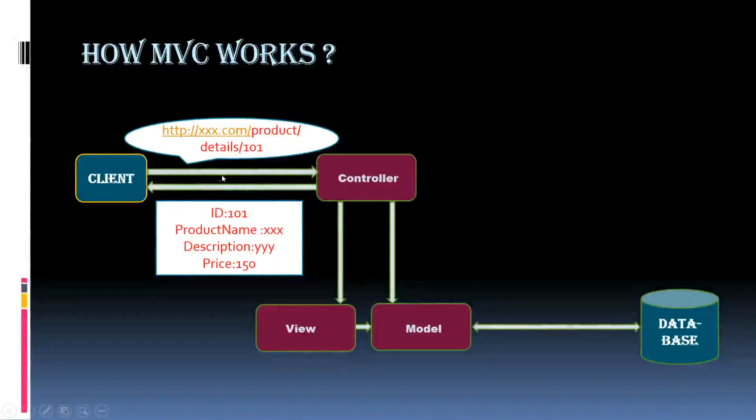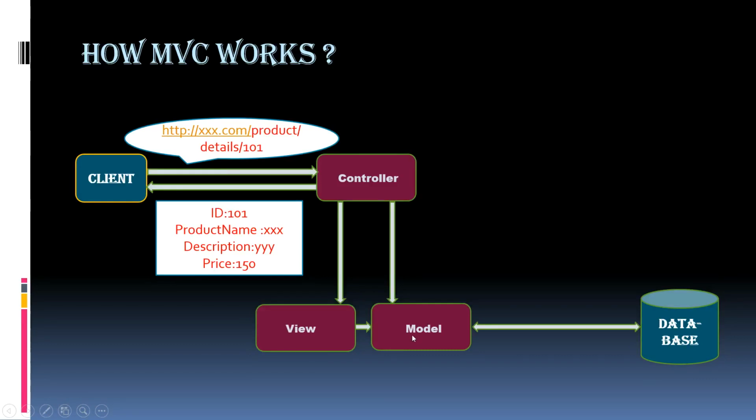In order to handle this incoming request, the controller does things such as creating the model that is required by the view. The model is a component in the MVC design pattern which contains classes used to store the domain data, or you can say the business data.